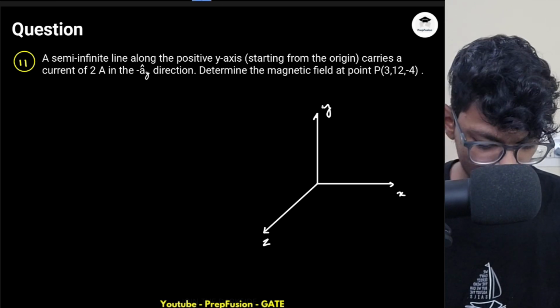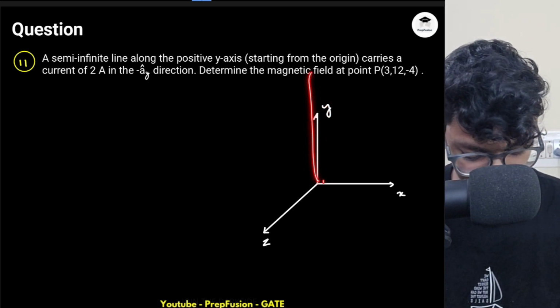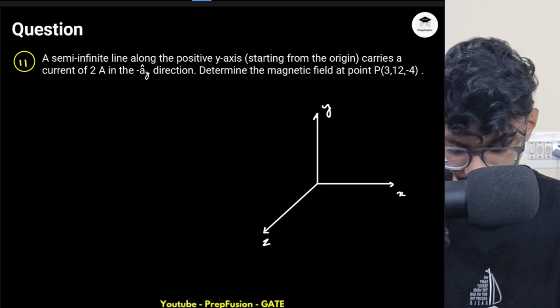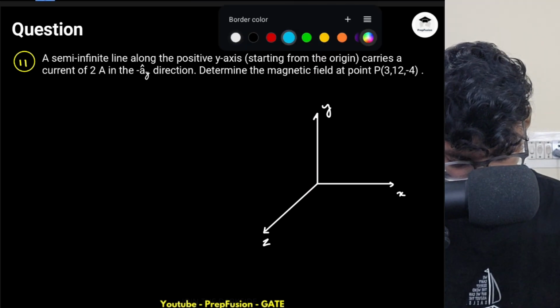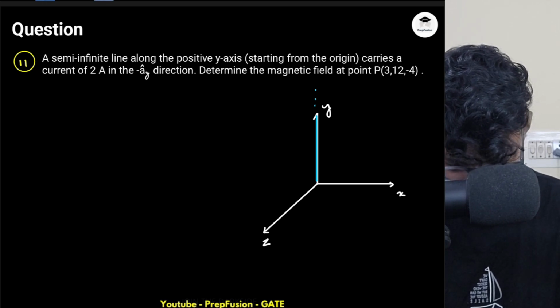My wire will be on the positive y-axis, because positive y means there is an end point at the origin, but the other end is at infinity. It is a semi-infinite wire, right? So my wire will lie on the positive y-axis. This is infinity.